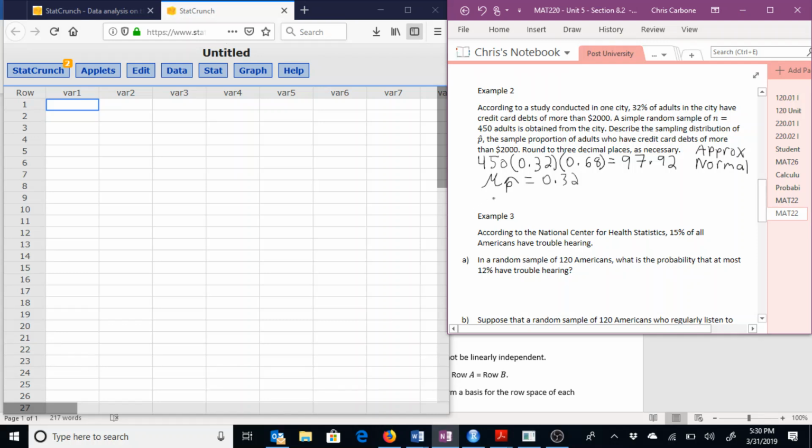The standard deviation is going to be equal to the square root of 0.32 times 0.68 divided by 450.